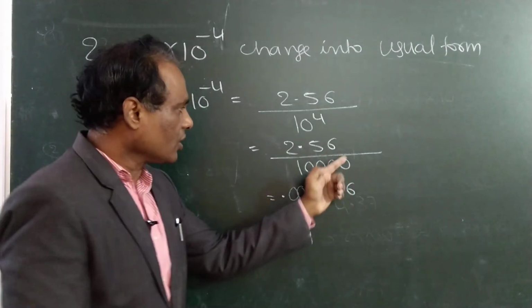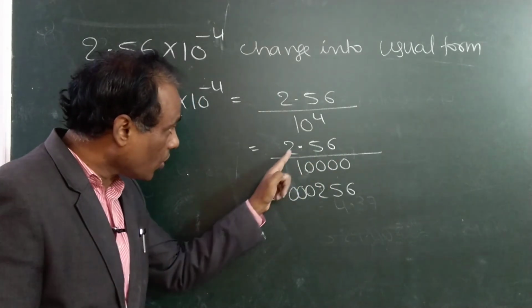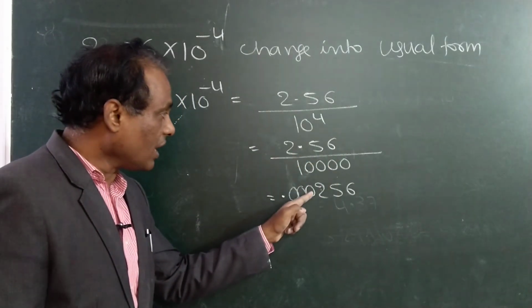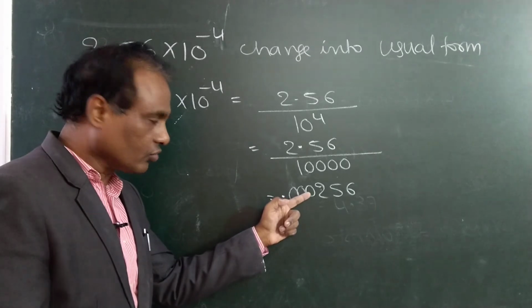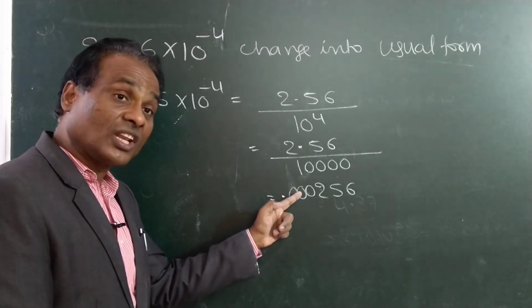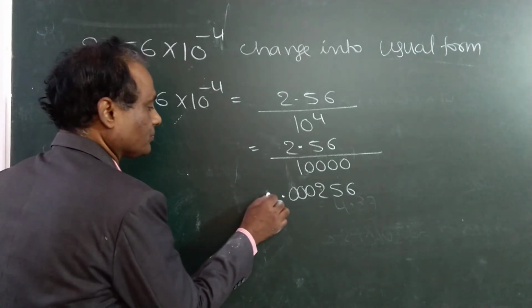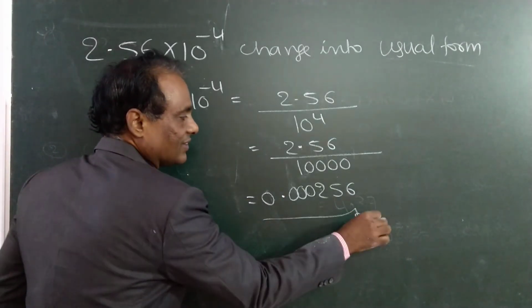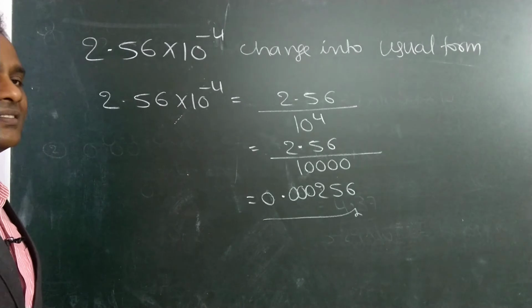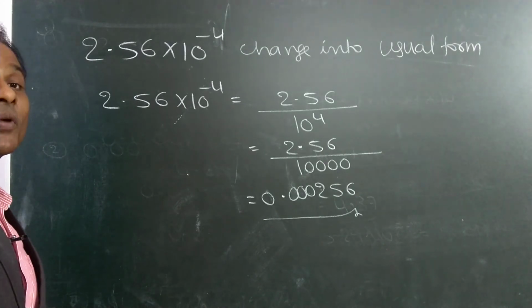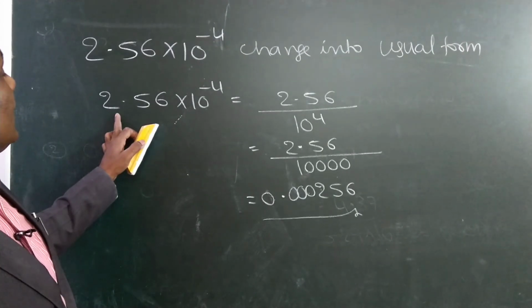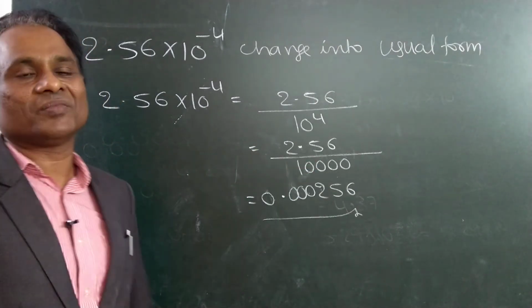But the decimal is here. To remove 4 zeros, 4 places it should cross 1. If there is nothing here, put 0. So 2 places. Put 1 more 0. 3 places. Put 1 more 0. 4 places. So this is the decimal. Like this. This is the process of changing the standard form into usual form, normal form.